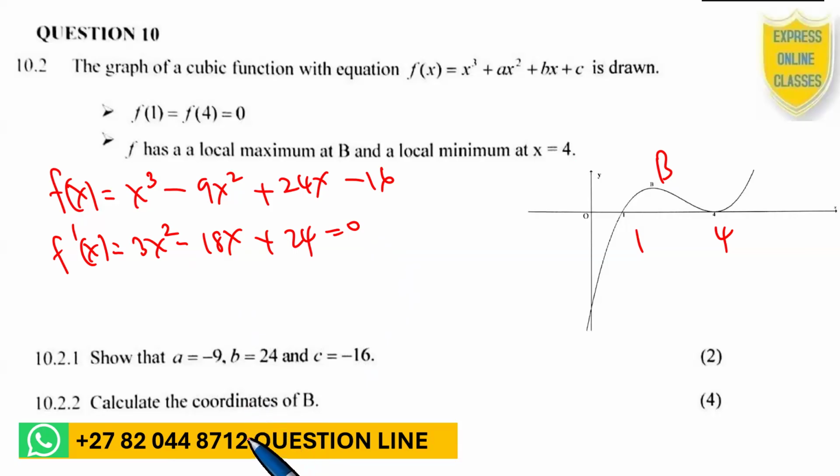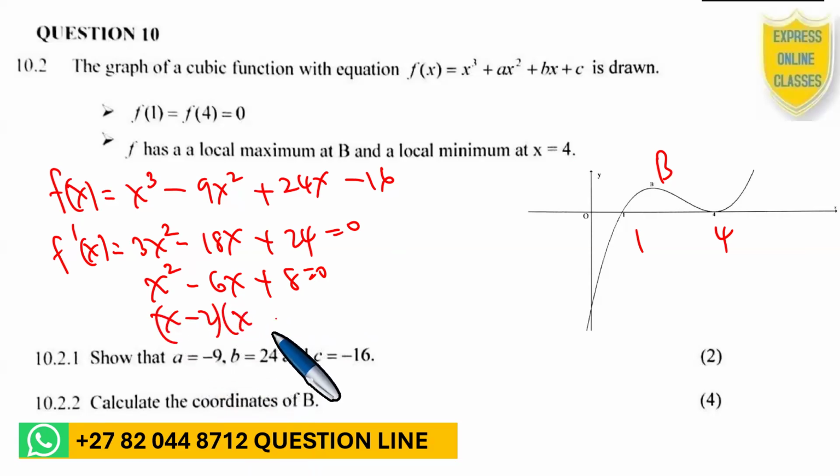So in 10.2.2, you can divide through by 3, getting x squared minus 6x plus 8 equals 0. Which means you have x minus 2 and x minus 4, so x equals 2, x equals 4.